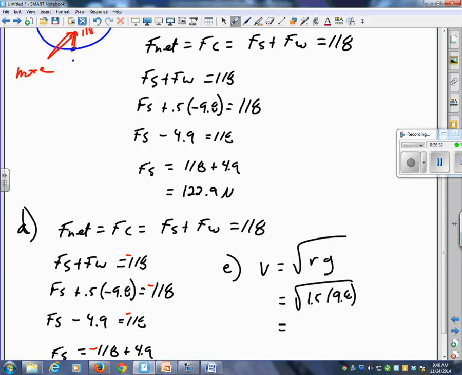I get 3.8 meters per second. That is the minimum speed it has to travel. So it's traveling much faster than it needs to, which is why there is tension in the string at the top, right? Does that make sense? Yeah? It's traveling much faster, right?